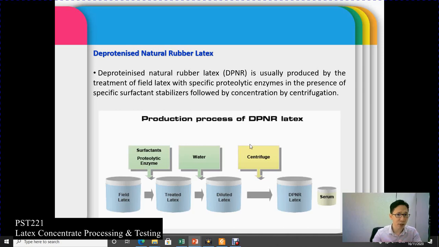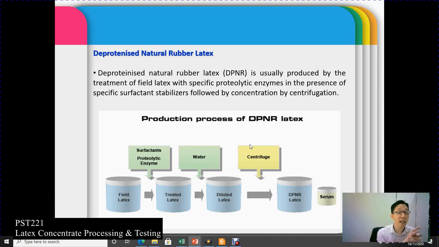Why do we need deproteinized natural rubber latex? The application is here when some of the users might have an allergy with the protein. Some of the users may get rashes on their skin when they have prolonged contact with natural rubber latex.